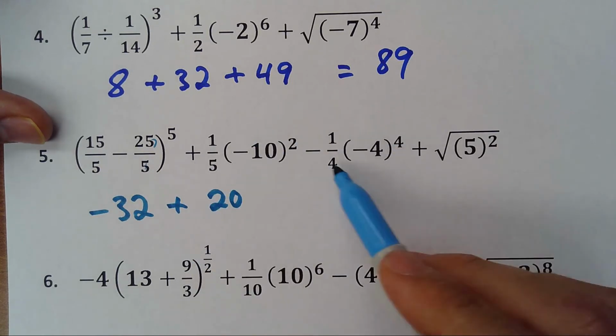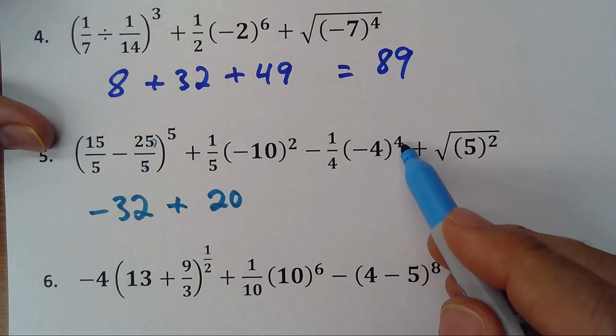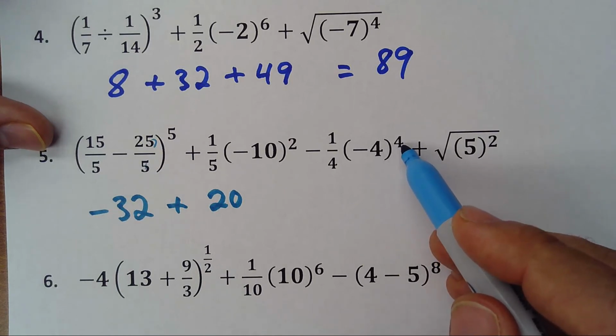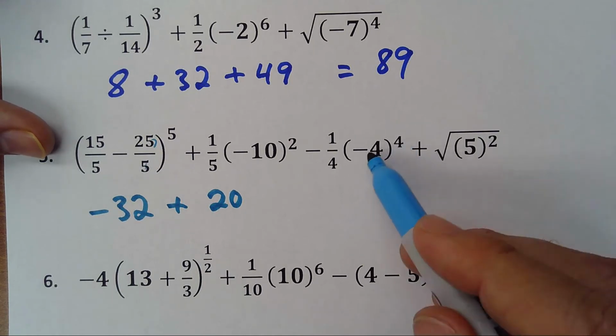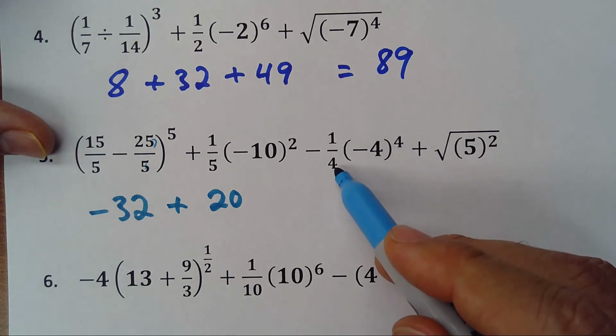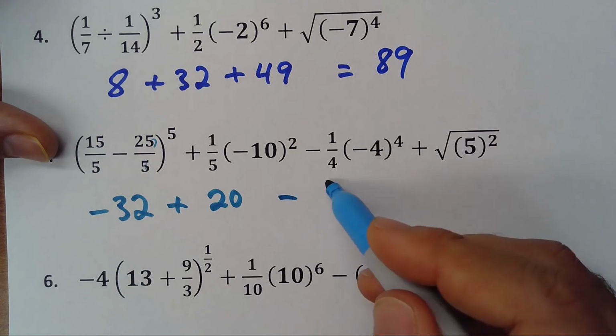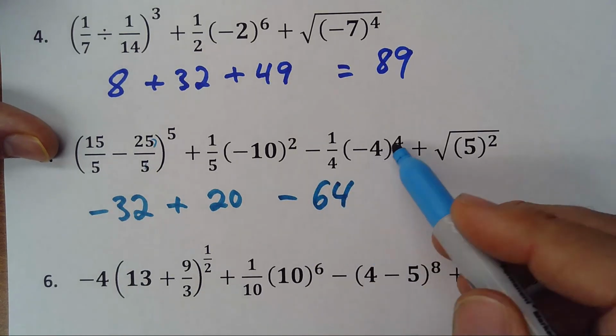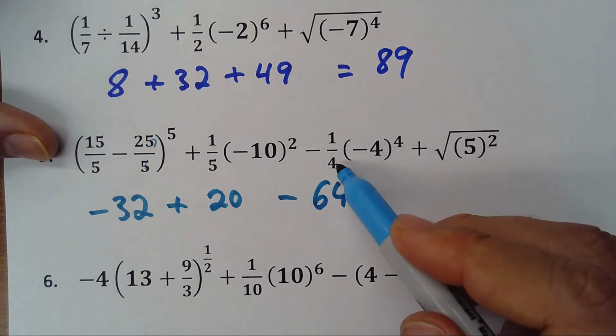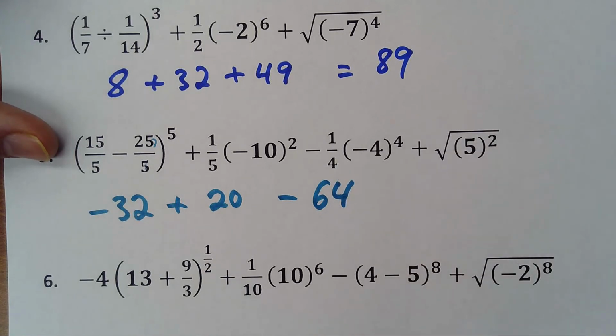Now we'll go to this term here. Negative 4 to the 4 is 16 times 16, divided by 4, that will be negative 64. Because 16 times 16 is 256, but when you divide it by 4, it is 64.